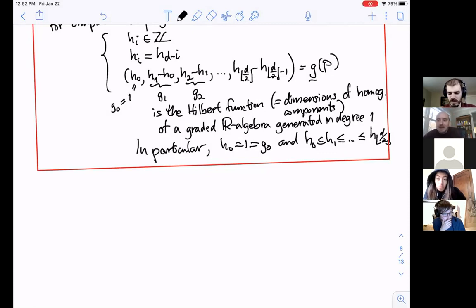This is a good question actually, Sam: how much was already in the air about graded algebras being relevant at the time? Because Stanley was writing about his proof of the upper bound conjecture after McMullen for simplicial spheres, where you do need the rings. And so I think McMullen by 1971 was already aware that rings and their dimensions of the graded pieces were relevant. Yeah, but that's actually a good question. I should ask Stanley at some point whether that's true.